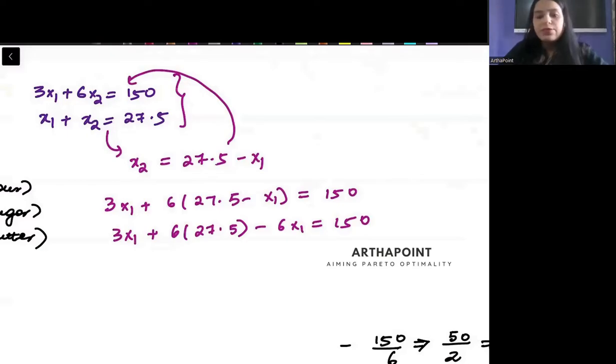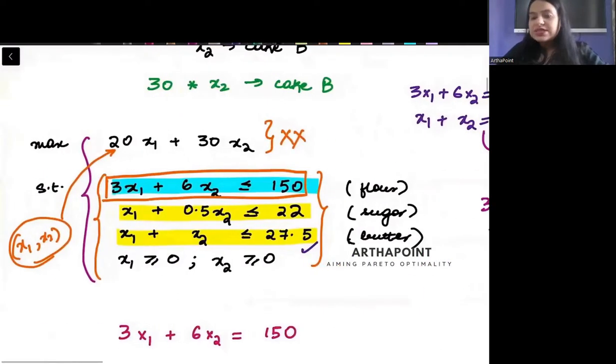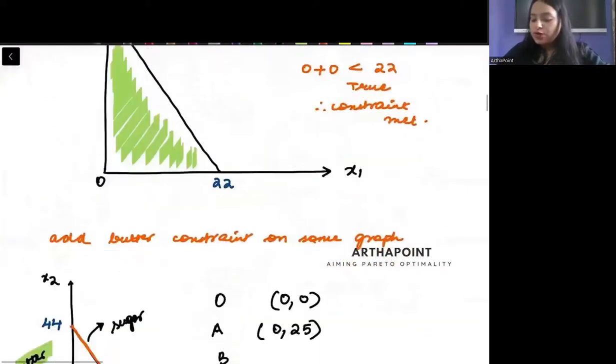So 27.5 into 6 is going to give me 165, minus 150 is equal to 3x1. So x1 will be 15 by 3, that means 5. And beta, x2 will be 27.5 minus 5, that means 22.5. So I will get this as 5, 22.5.